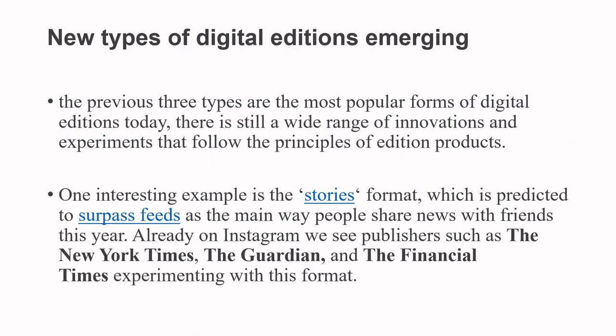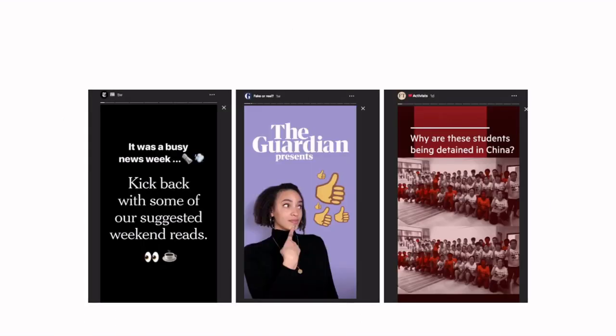And next, what we are going to see is the other types of digital editions which are emerging nowadays. I'll show you, and you'll get an idea of what digital editions are coming out recently. So these are the news content.